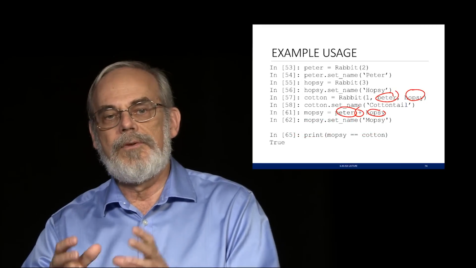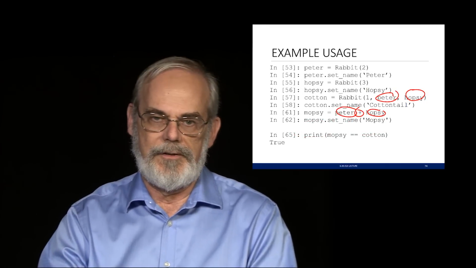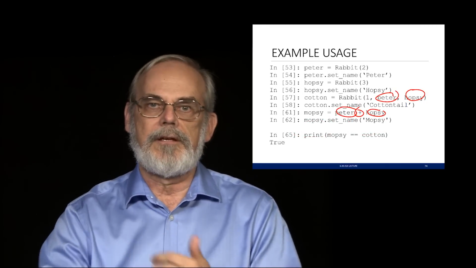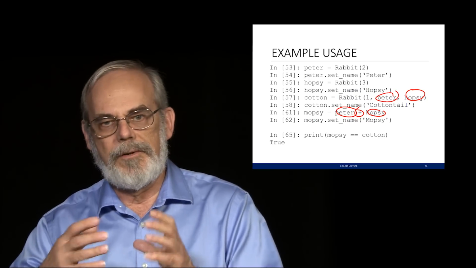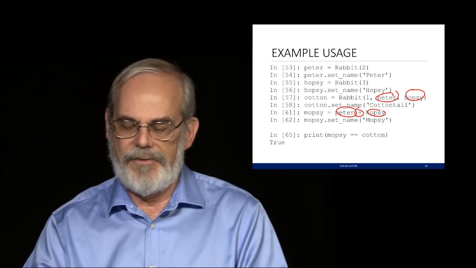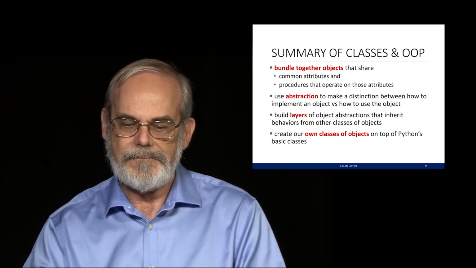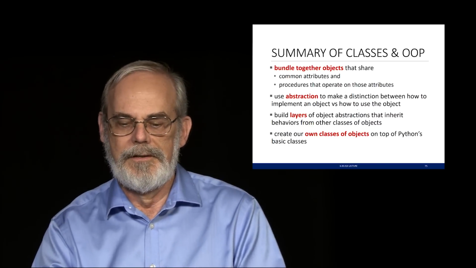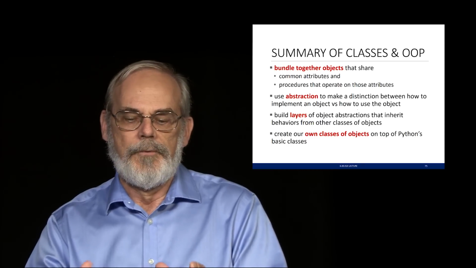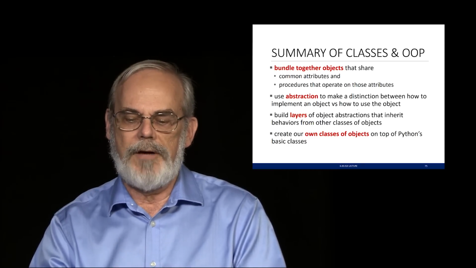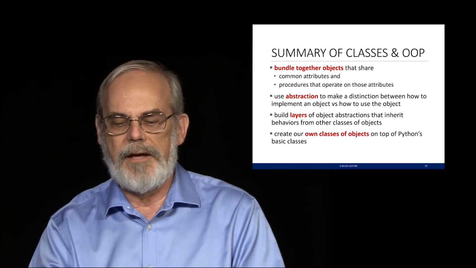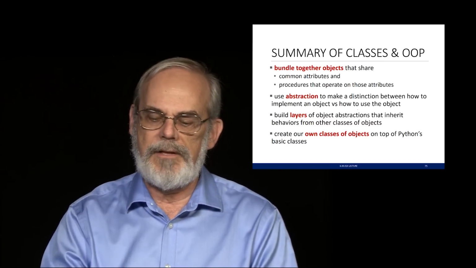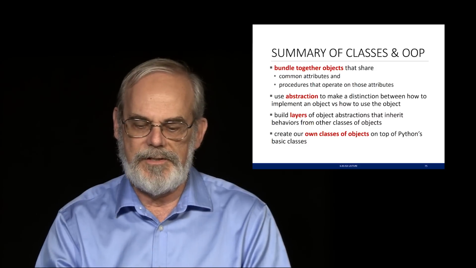So now I've got an example of using a class variable to gather information that I can associate with instances in a way that lets me keep track of information that belongs to each instance but is defined within the class. And so to pull it all together, what are we doing? We're bundling together objects that share common attributes and common procedures to apply to those attributes, even though the values of the attributes are different across each instance.